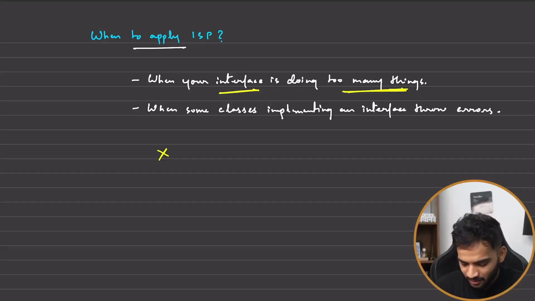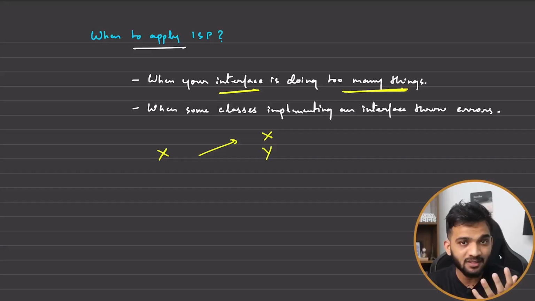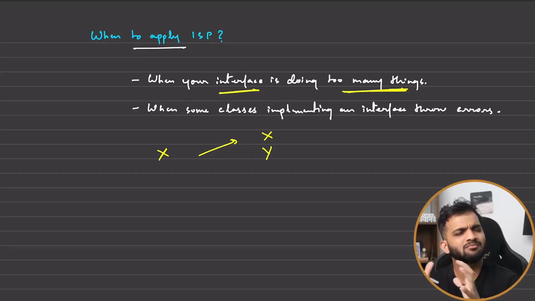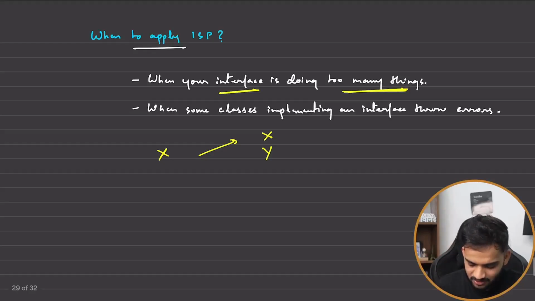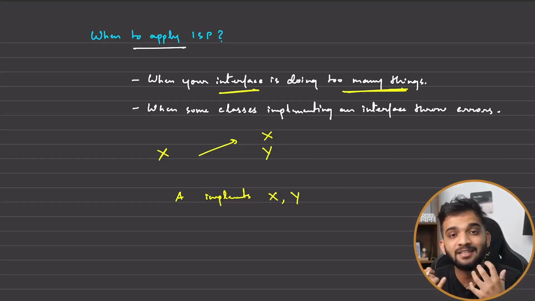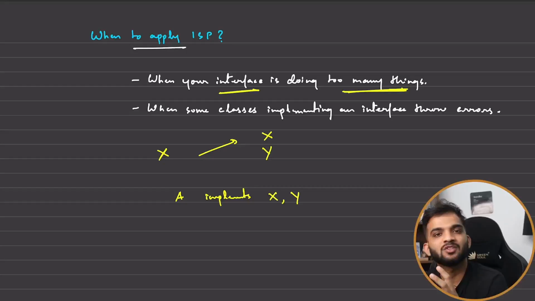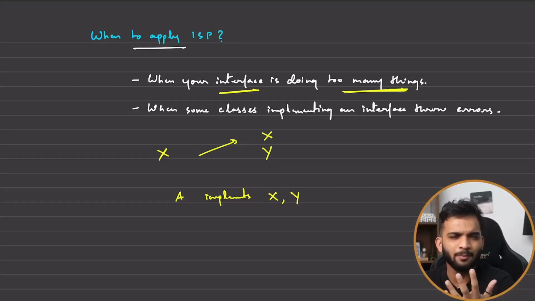What you could do is break it into X and Y, so you can have two interfaces with the functionalities divided between them. Now, if you had a class A which was just implementing X, you can have it implement Y as well. So that is how you can break it down into smaller pieces and it becomes readable as well.